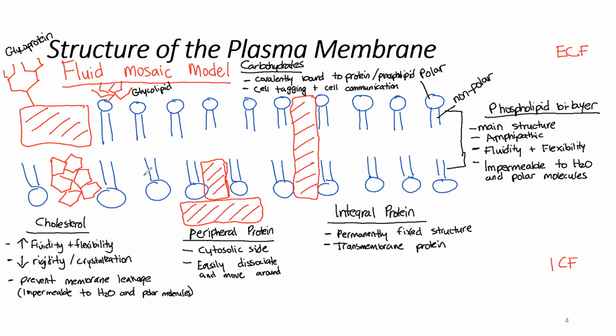The important thing I really want you to remember here is the reason that polar substances cannot go through the membrane: because they cannot exist within the hydrophobic center where we have these non-polar tails, the fatty acid tails of these phospholipids. Really, really important part of understanding the function and how things can move in and out of the cell through this structure.